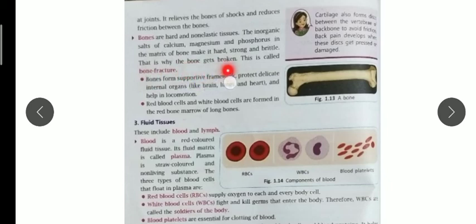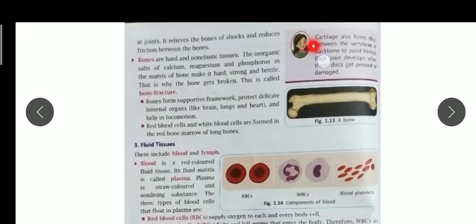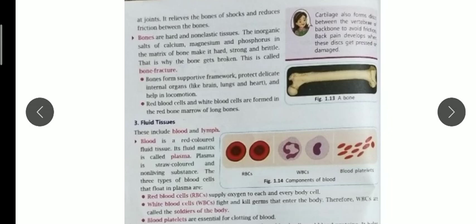That's why bones get broken and people get fractures. Cartilage also forms between the vertebrae of the backbone to avoid friction and prevent damage, because the vertebral column is made up of the combination of 33 bones.